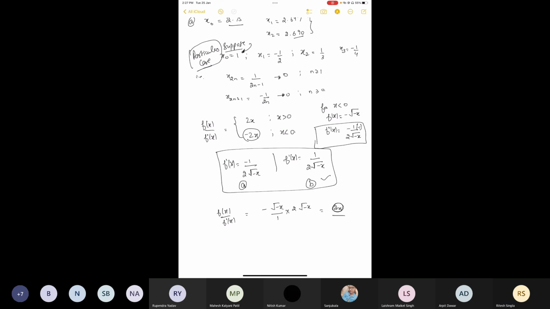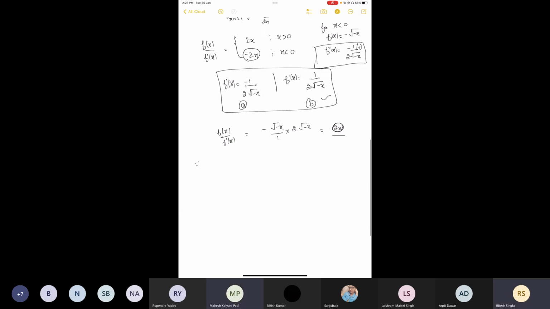Next, sir, this minus 2x. It is minus outside, sir. Yeah, but minus of root x into minus of root x is equal to minus x, right?